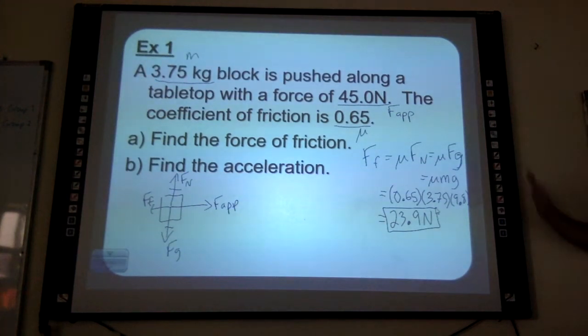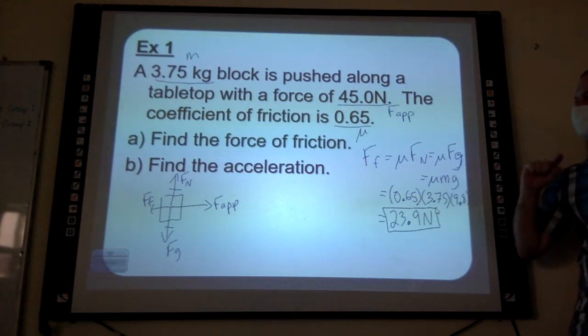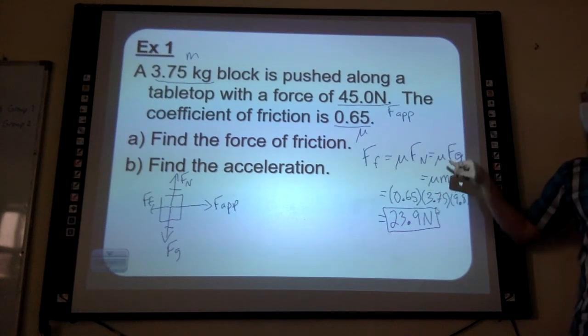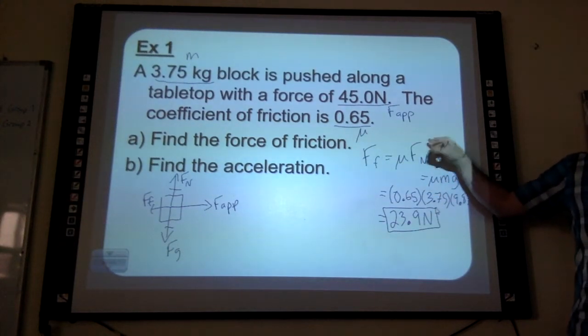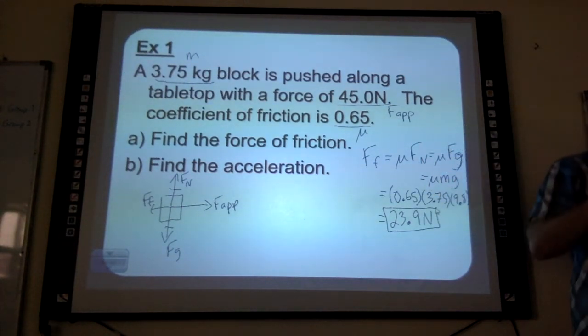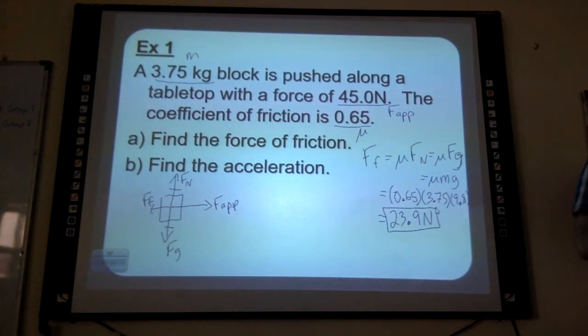Any questions with this? Yeah. If it's not on the surface, you wouldn't have an Fn, and then things would get more complicated. So typically with friction questions, it's always going to be the normal force equals Fg if something's on a flat surface.